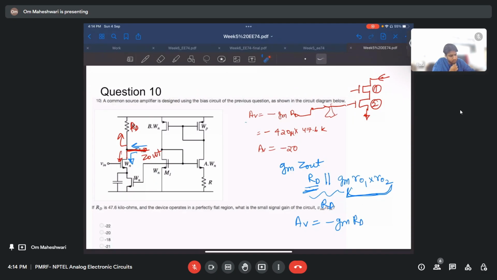Right, sir, yes. Is it not clear? There will be no GM when it is diode connected, sir. Why is it not GM? It is not diode connected.